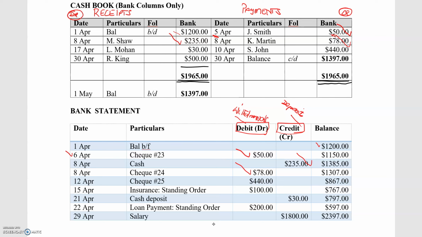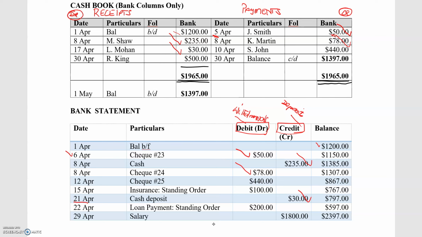In the cash book, there is a receipt of $30 from El Mohan on 17th April. And if we look at the bank statement, we are going to see a cash deposit on the 21st of April in the amount of $30.